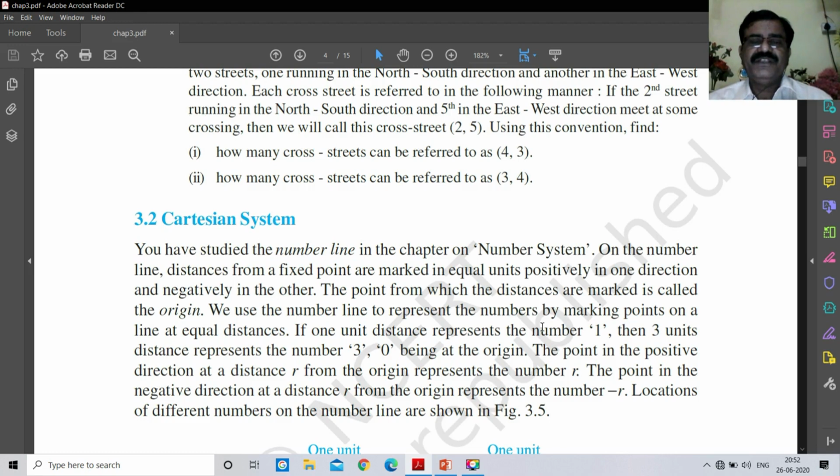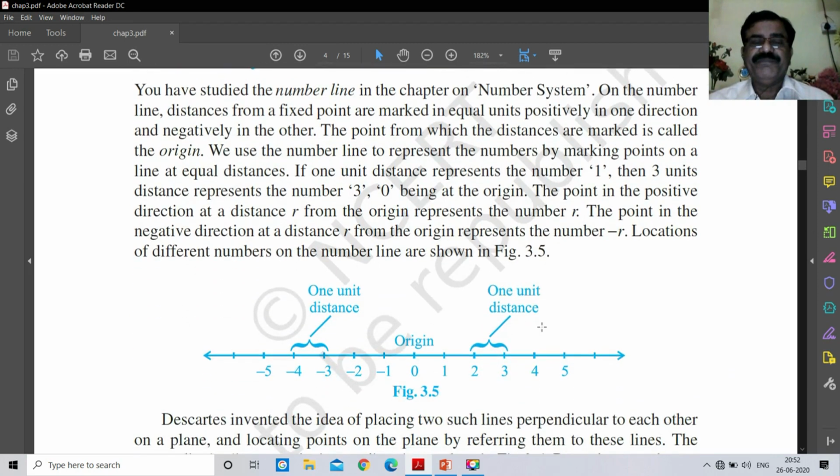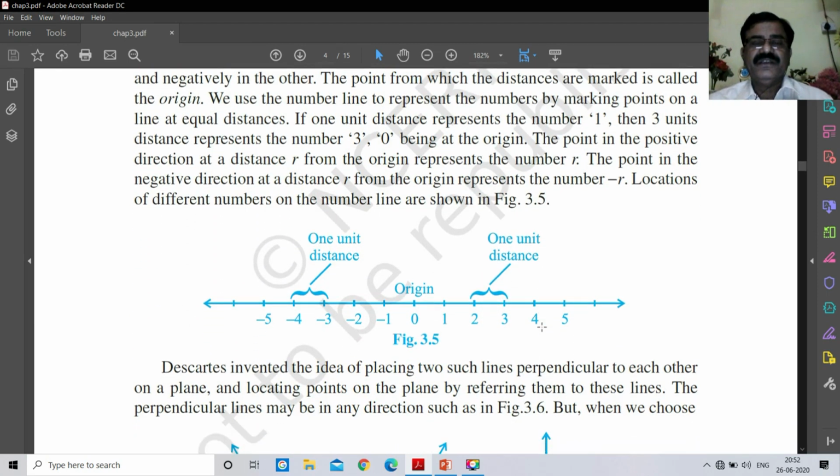If 1 unit distance represents the number 1, then 3 units distance represents the number 3, 0 being at the origin. The point in the positive direction at a distance r from the origin represents the number r. The point in the negative direction at a distance r from the origin represents the number minus r. The locations of different numbers on the number line are shown in figure 3.5. You can see figure 3.5.